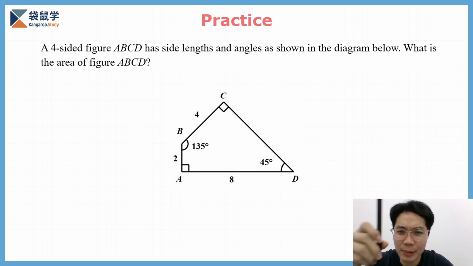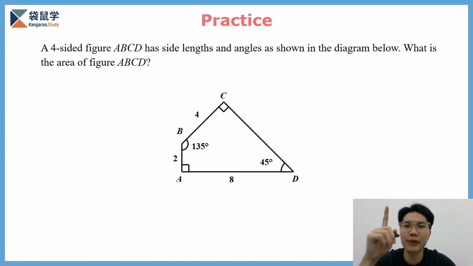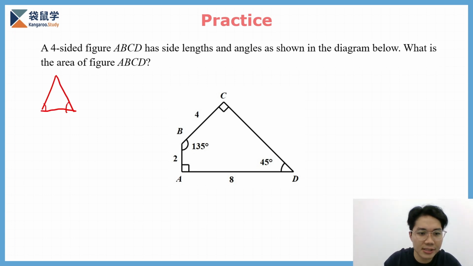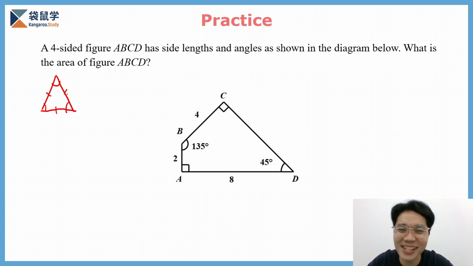Before you go and do this question, first let's recall what we learned. First, we need to find some special angles. Just now, we learned a special angle of an equilateral triangle, right? With all 60 degrees. But we also have some other very special triangles.